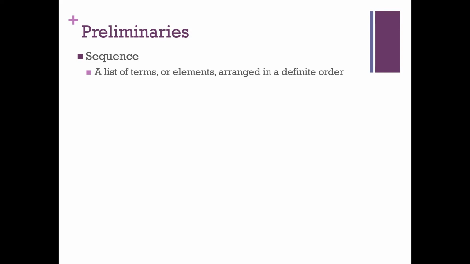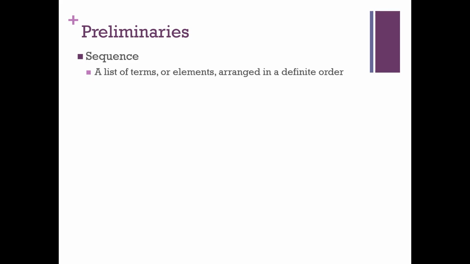A sequence, in very general terms, is a list of terms or elements in some kind of order. Another way to think of it, and if anybody's planning to go towards Math 371, the definition I'll use is that a sequence is a specific kind of function. In all your time in Calc 1 and Calc 2, you've thought of functions as things that map real numbers to other real numbers, so the inputs are very non-restrictive.